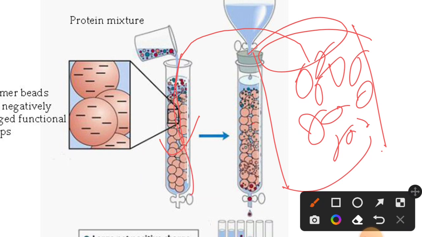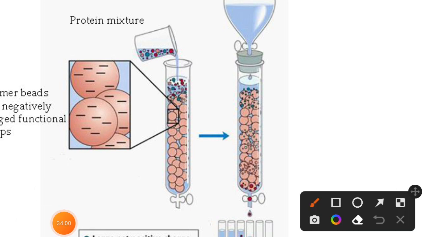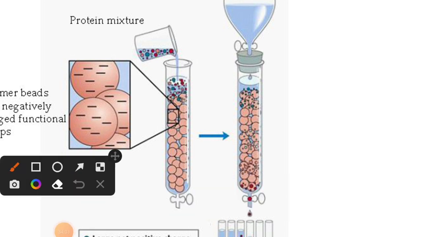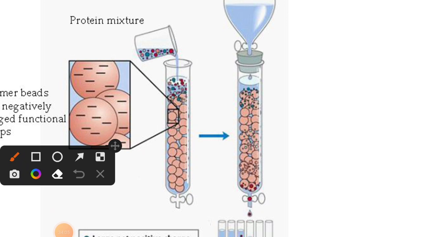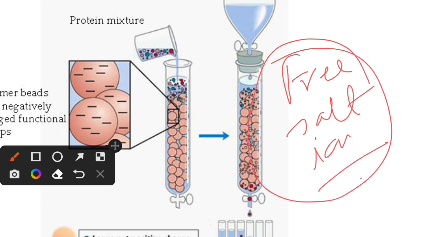Here I want to mention another important thing, which factors influence the binding or the affinity of the protein towards those bound groups. The first one is the concentration of the free salt ions that are present, because I think I do not have to mention that salts are also charged groups, right?